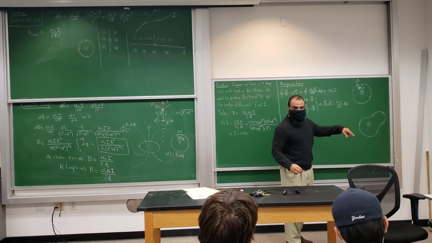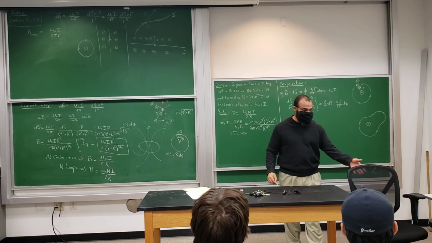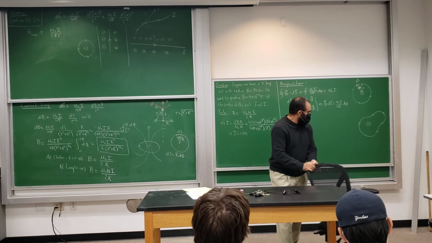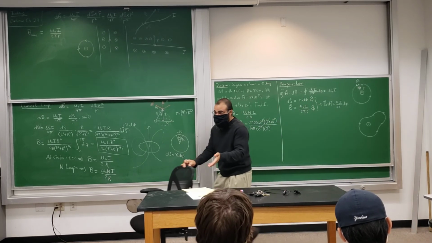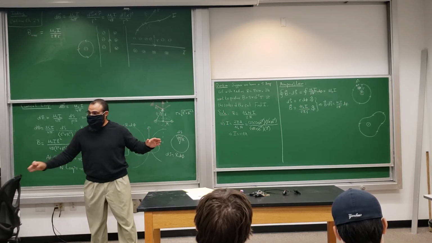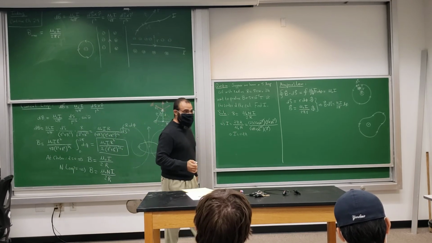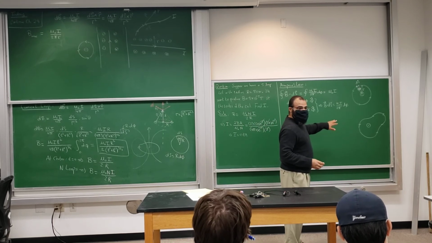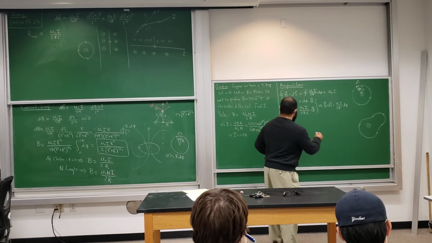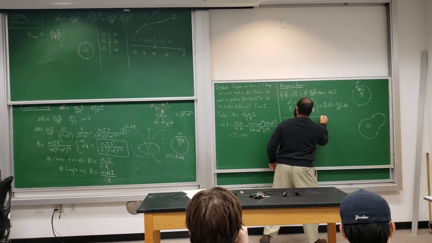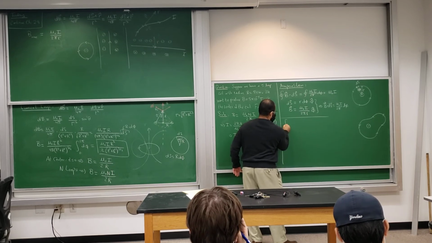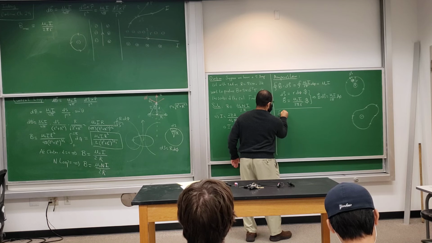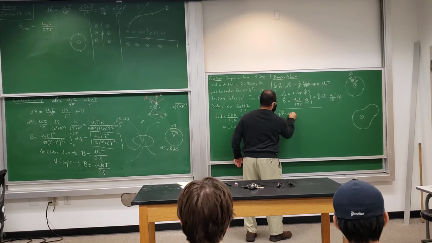Okay, so that's my loop. I'm going counterclockwise. That's my loop, and it's supposed to be arbitrary, okay? Not a circle, it can be any shape. And I want to perform the same integral, B dot ds.